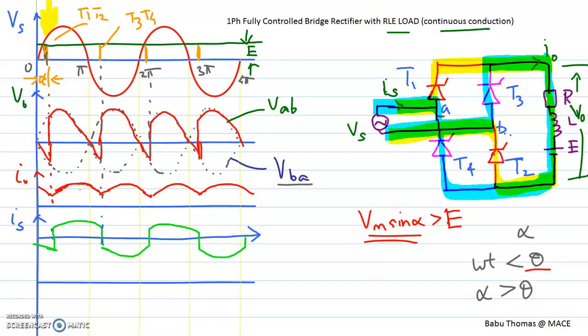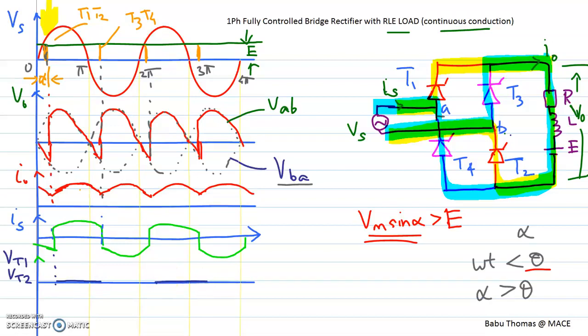Now one more thing which we can draw over here is your voltage across your thyristors VT1 and VT2. So when your thyristors T1 and T2 are conducting from alpha to pi plus alpha, during that period of time the voltage across the thyristor is 0. Again from 2 pi plus alpha to 3 pi plus alpha, again it is 0.